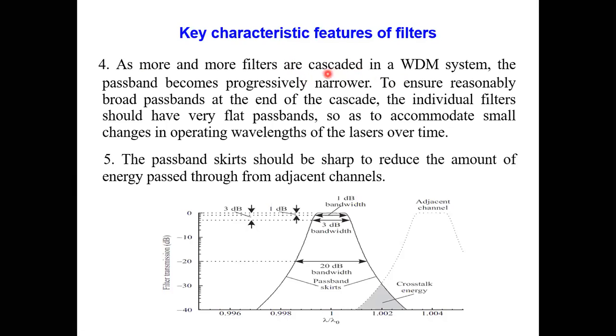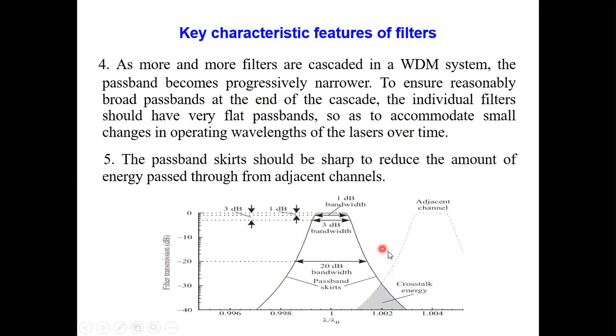So more and more filters are cascaded in a WDM system. When I cascade more filters, because I have more number of channels, one filter will pass one channel and reject the rest. That is what we have seen. So what happens is the pass band becomes progressively narrower. The diagram has been shown over here. We want a broad pass band.